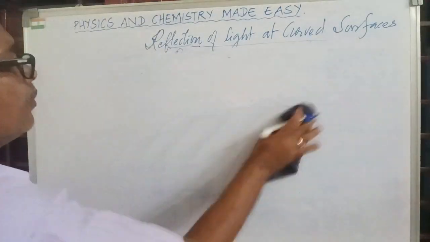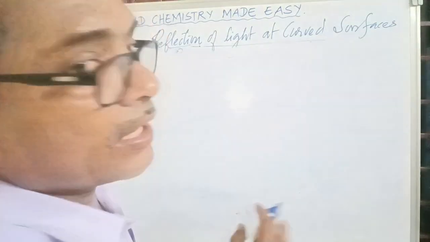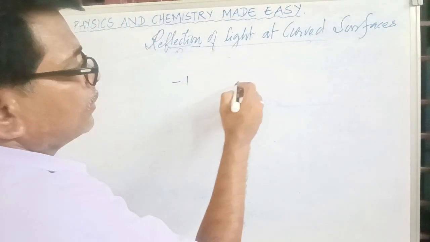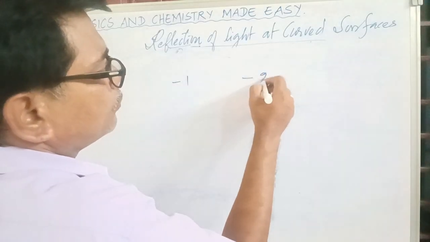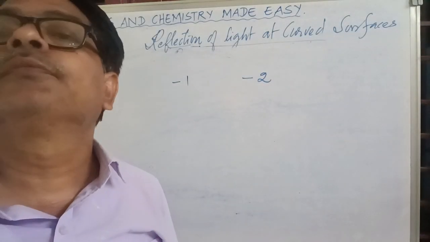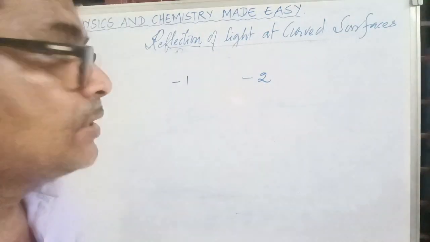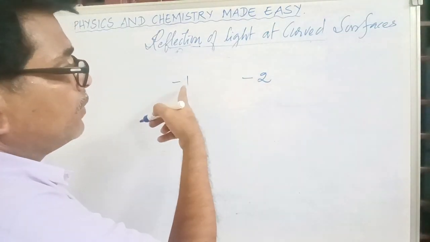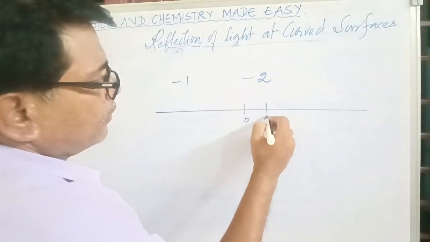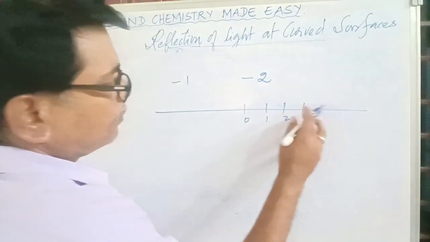Good. Now I want to draw the diagram. Before that I want to ask you a question. Now minus 1 and minus 2, which is bigger? Which is the bigger value? Many of you will say minus 1, because you are following the number line. So it's 0 over here, 1, 2, 3 and it goes on, positive.